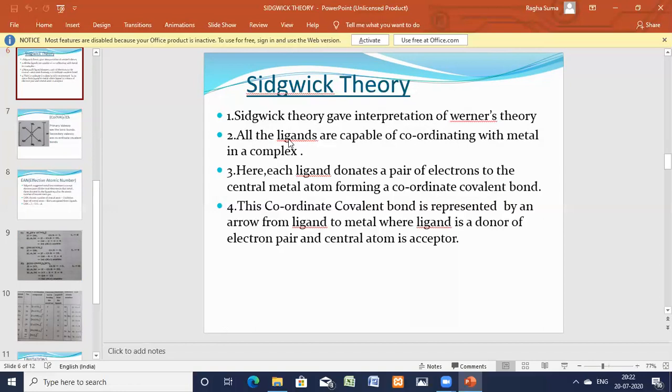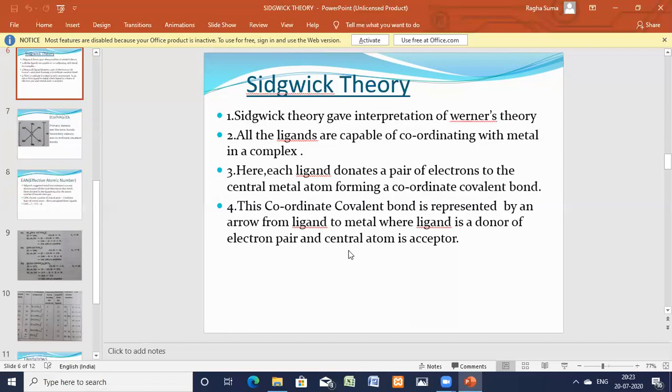Once a ligand is present in the coordination sphere, it should 100% donate a pair of electrons, 2 electrons, to the central metal atom. Only then can it form a coordinate covalent bond and coordinate with the metal. If it doesn't donate, it cannot form the coordinate covalent bond and cannot be part of the coordination sphere. So every ligand should donate a pair of electrons.